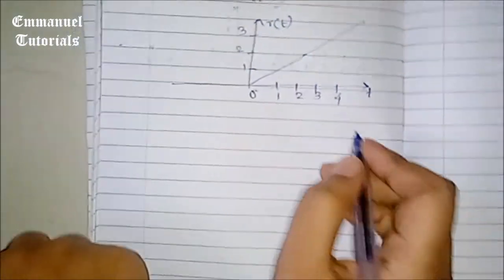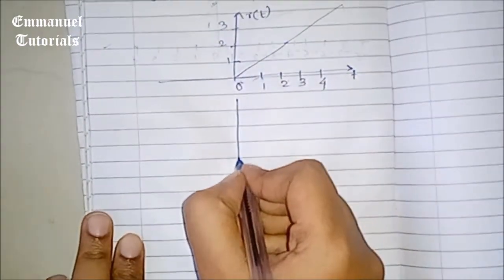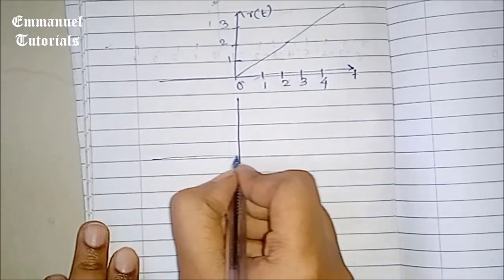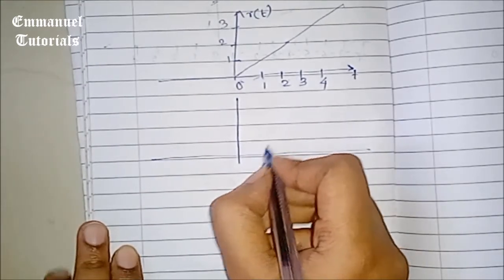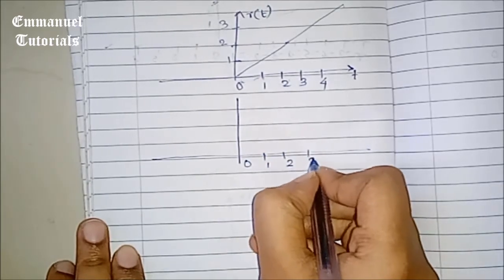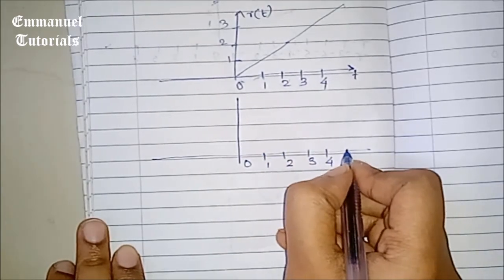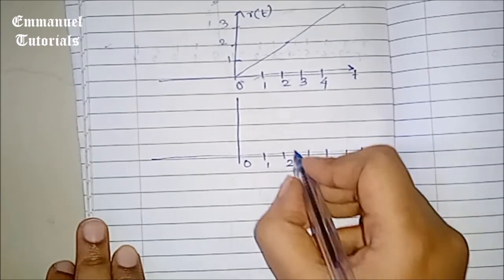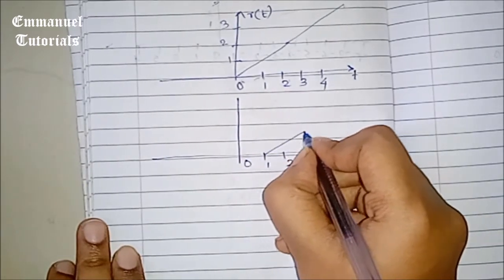This is r of t. Now r of t minus 2 is going to be starting from 2. So the signal will be something like this.